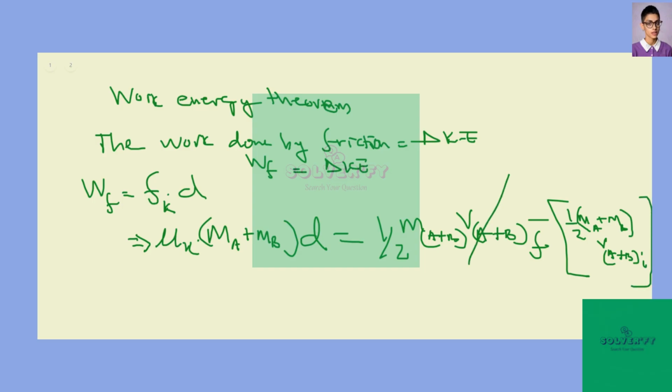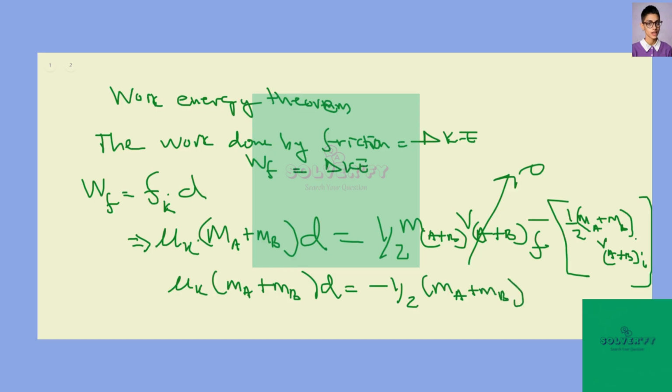Remember, this one is 0, and so you end up having mu_k (ma plus mb) times d minus 1 half (ma plus mb) times v_ab squared. So that's the combined initial velocity just when they collide with each other, squared.